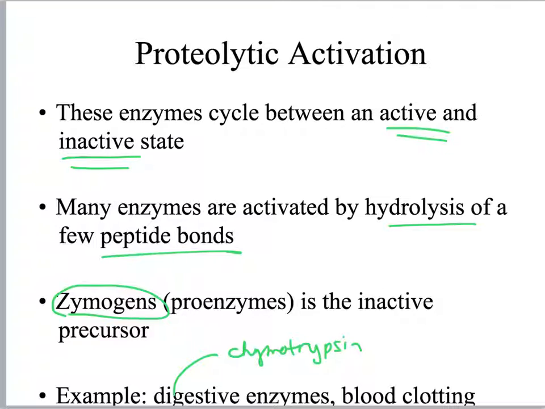There's an inactive form which is then activated. And this really would be advantageous, because if you had the digestive enzymes present in the active form all the time, it's going to start working on tissues that you don't want to digest. So you only want it present in response to certain physiological needs, and then it becomes active.